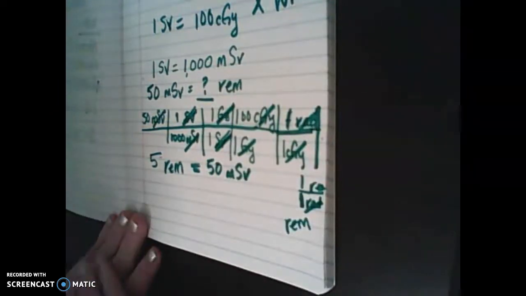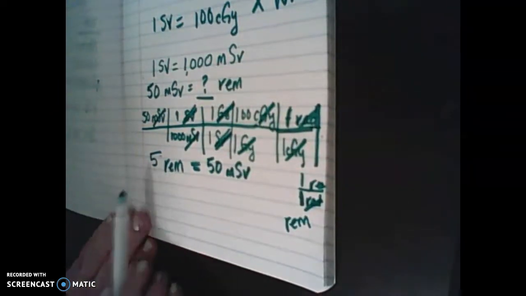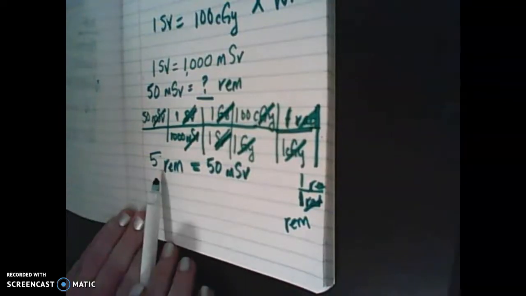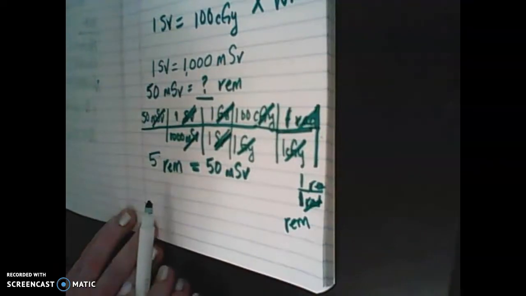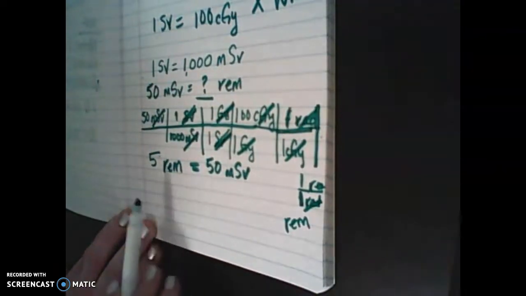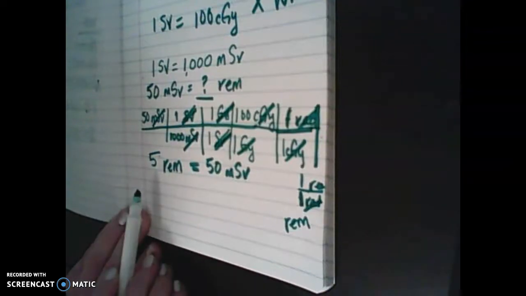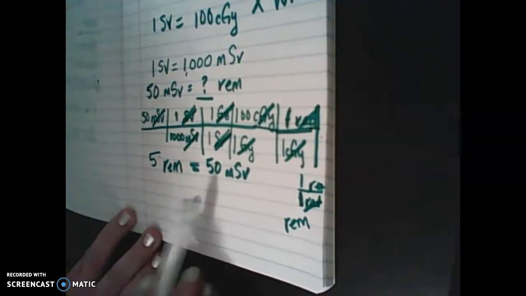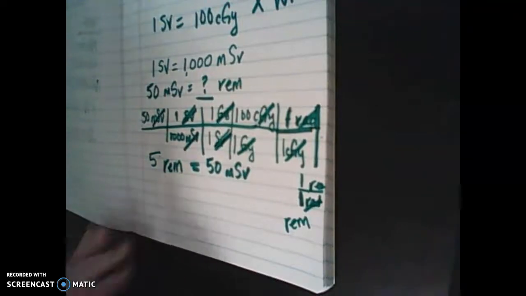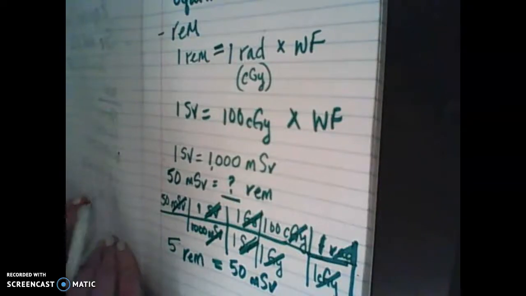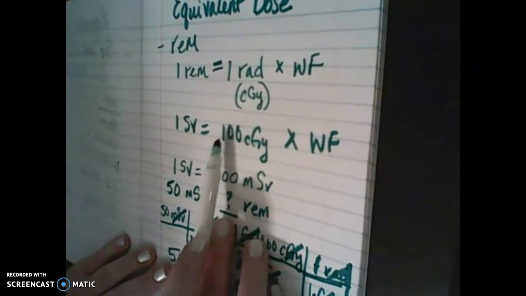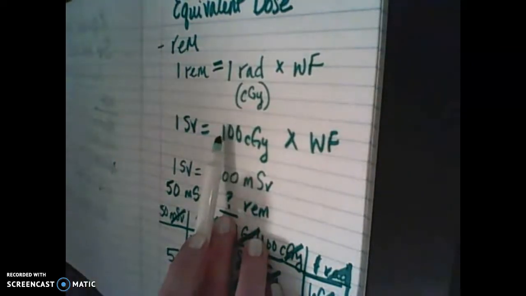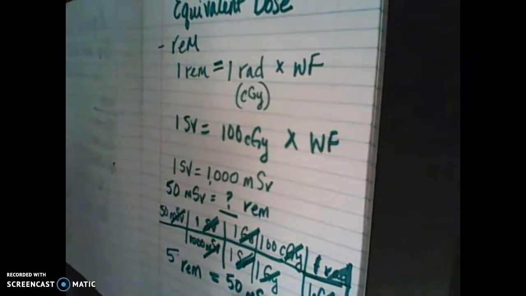So what we find is that there are 10 millisieverts in a rem as long as the weighting factor is 1. So remember that. Now, where do we get that from? Let's go back and look at our equation. That's because there are 100 centigray in a sievert, but we're not going to use the sievert, we're going to use the millisievert.